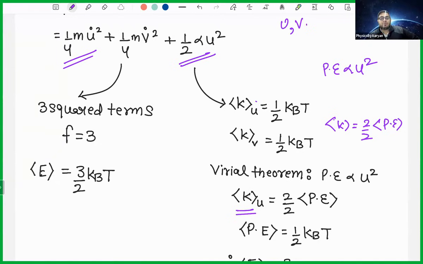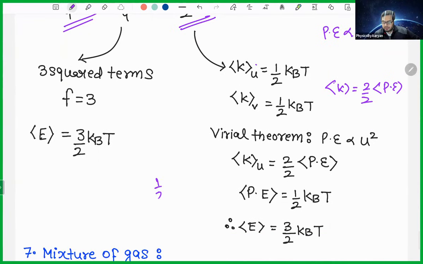Only because of u. So I should only be using the kinetic energy because of u, which is given by half kBT. It means the average potential energy is also equal to half kBT. Simple idea. So the average potential energy also comes out to be half kBT.